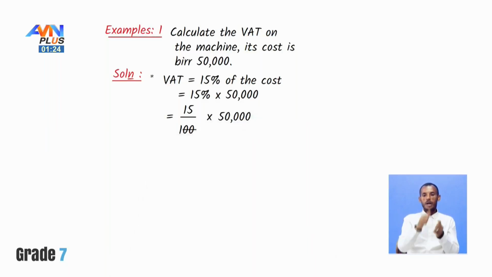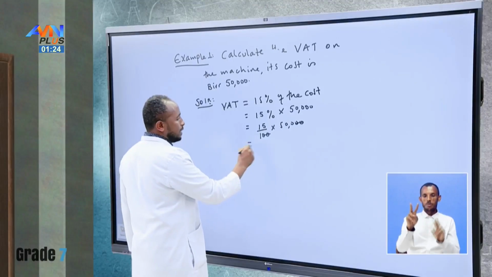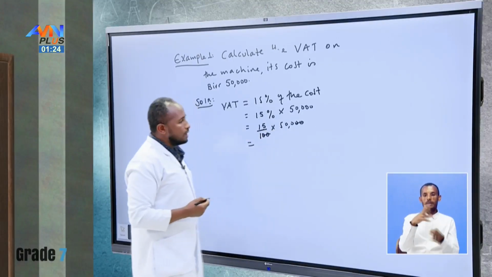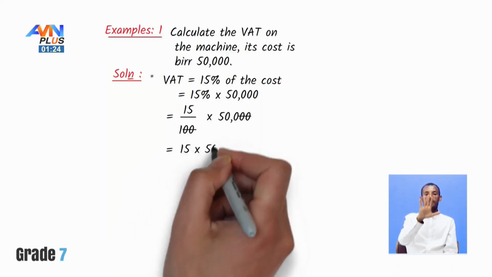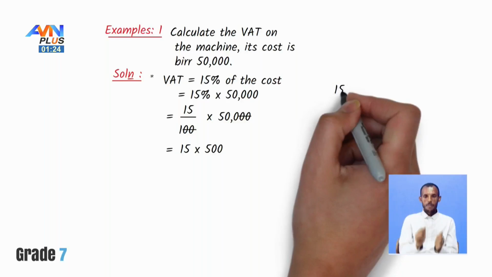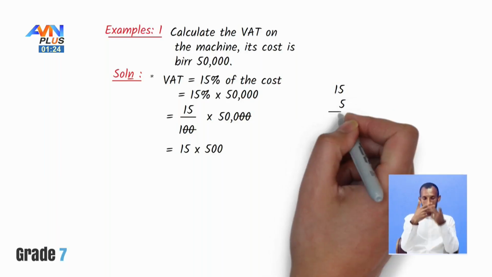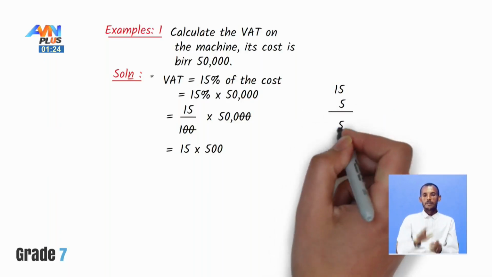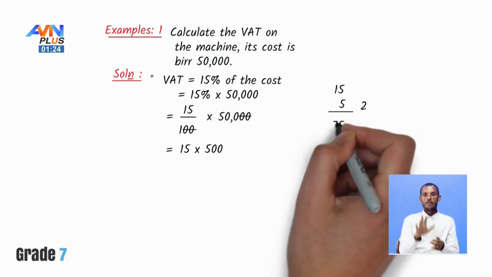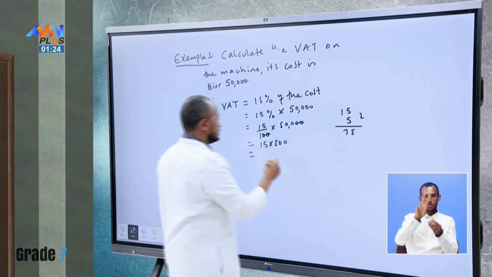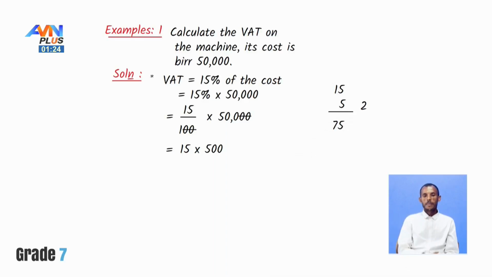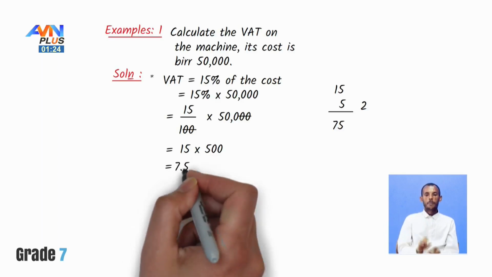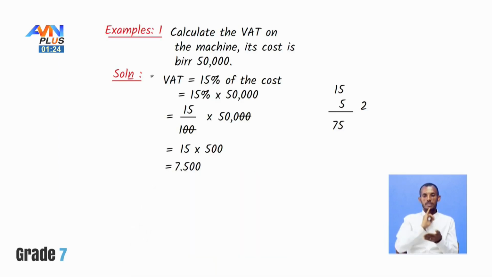You can cancel two zeros and multiply 15 by 500. Let's multiply 15 by 5: 5 times 5 is 25, 5 times 1 is 5 plus 2, 7. This gives us 7,500 birr, the amount of VAT.